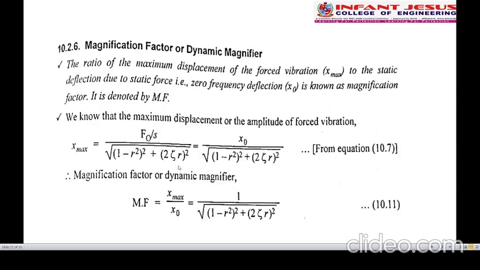Next is the magnification factor, or otherwise the dynamic magnifier. The ratio of the maximum displacement to the static deflection, that is the zero frequency deflection, is called the magnification factor.